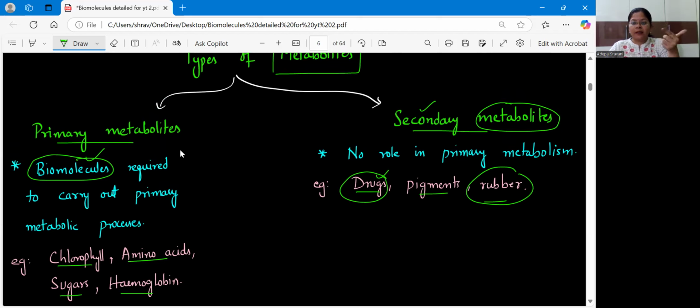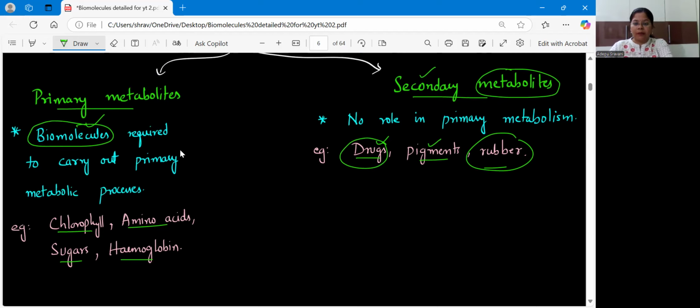But why are the plants producing the drugs? What is the function of drugs in the plants? That we don't know. Clear? And if you talk about pigments also, now the chlorophyll pigment we know, but there are certain pigments whose function we still don't know. So such compounds whose function we don't know, or which are not involved in any particular metabolism, such metabolites, we call secondary.